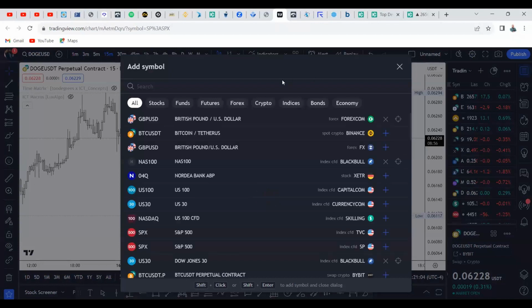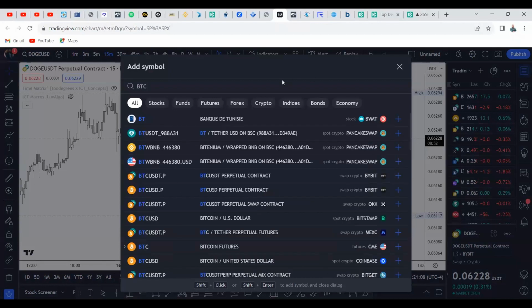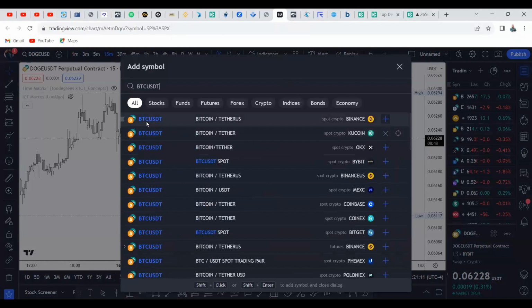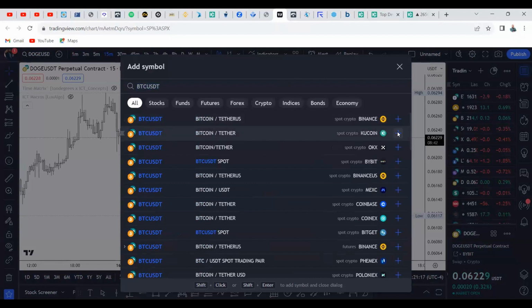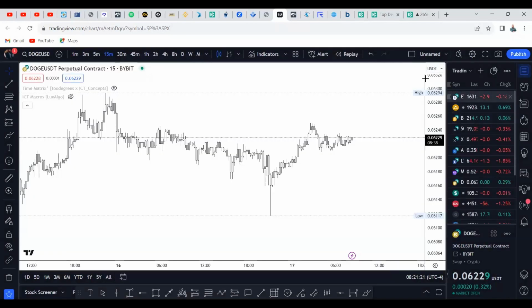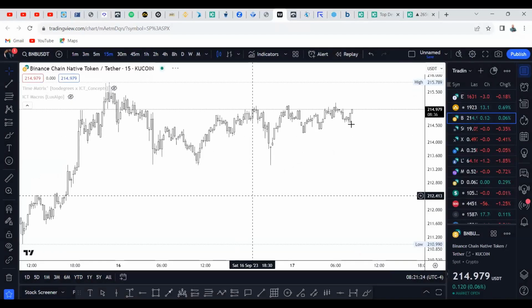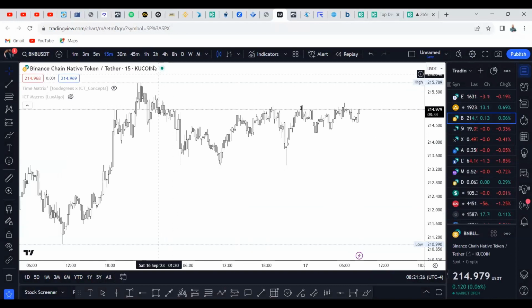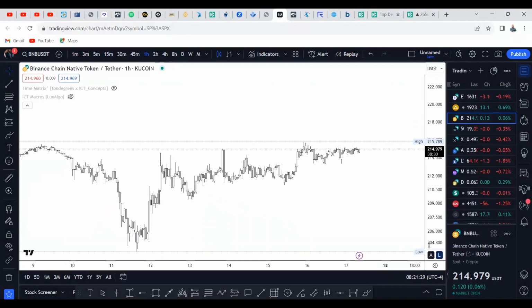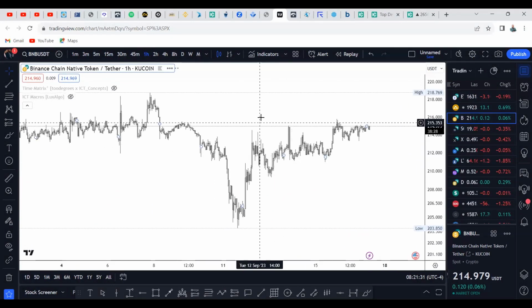I would add my symbol, look for BTC USDT, and select KuCoin as the broker. It is already pre-selected over there. So when I analyze BTC, the same chart that I see over here is the same chart that I would see when I come back to my KuCoin.